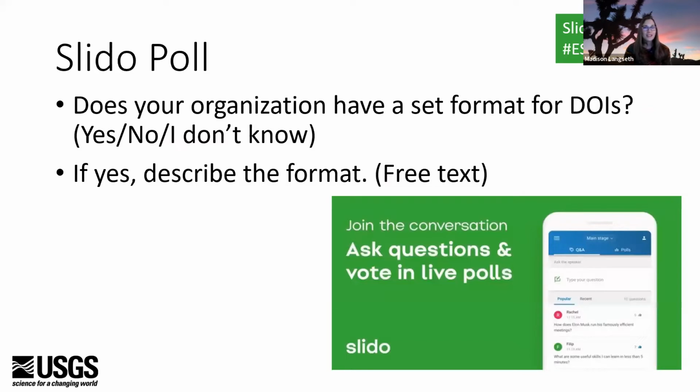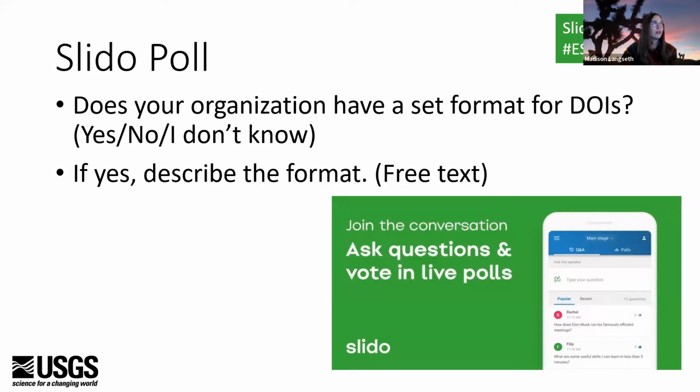Okay, so next I wanted to do just a quick Slido poll to see if we're unique in having this kind of set format for DOIs that allows for us to do this type of search. I want to see if there are others that have a specific format for their DOIs, other organizations. And so I believe we've started the survey.